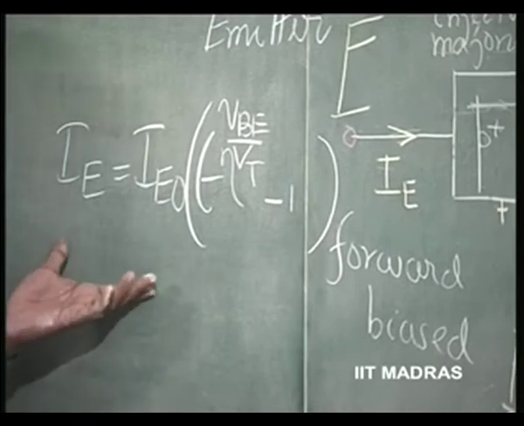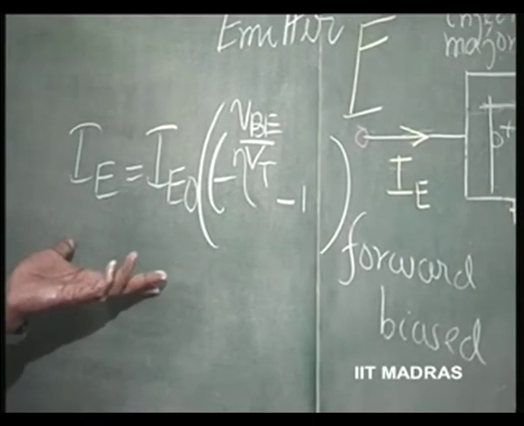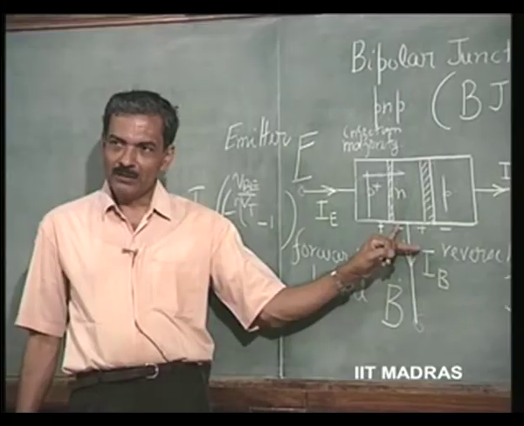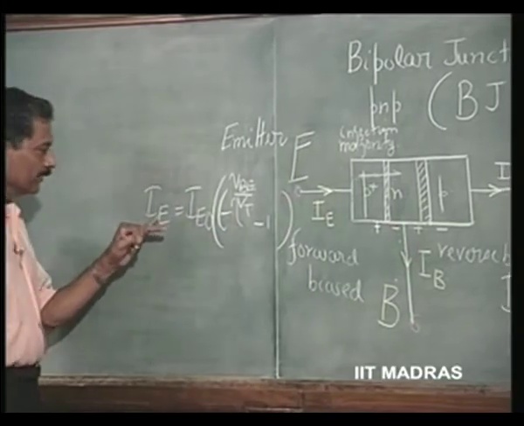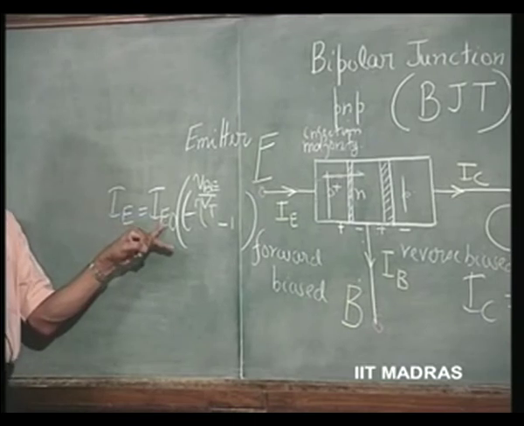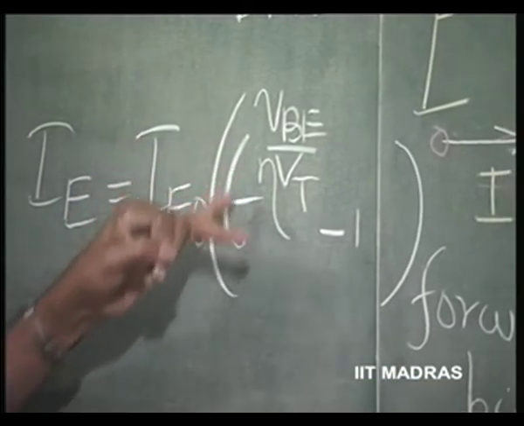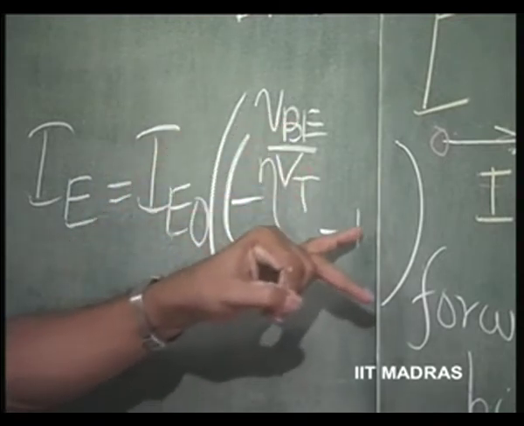It is the same relationship that we had used for the diode, because that is forward biased. The emitter base junction is forward biased, and the emitter current therefore is going to be I E naught, the reverse saturation current, times exponent V B E by eta V T minus 1.